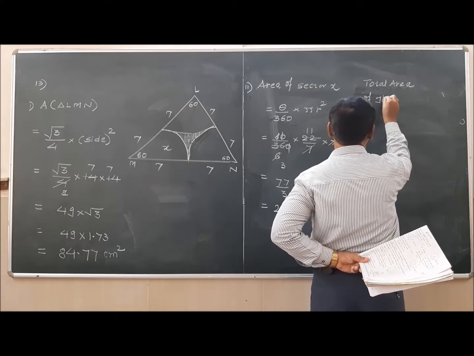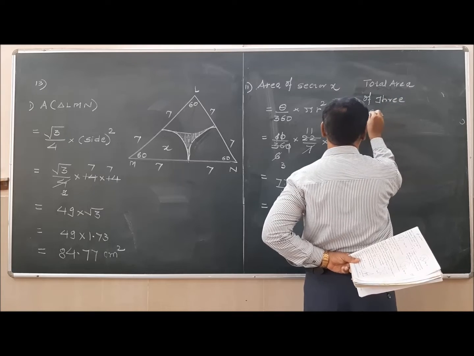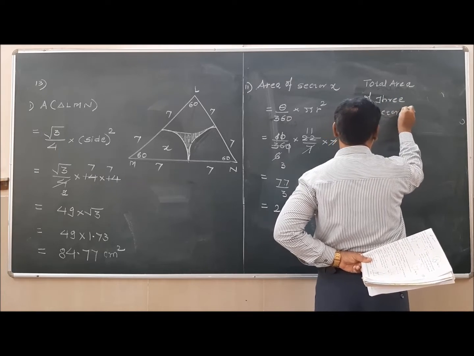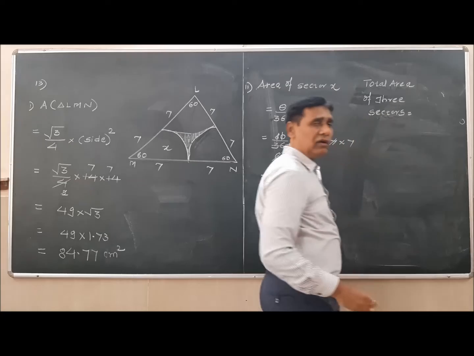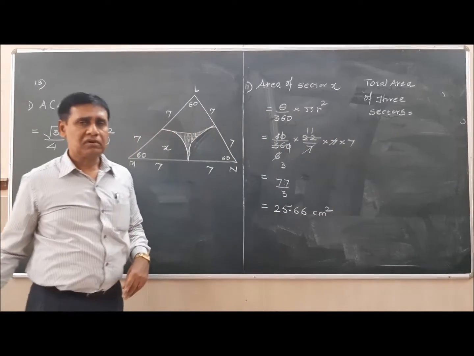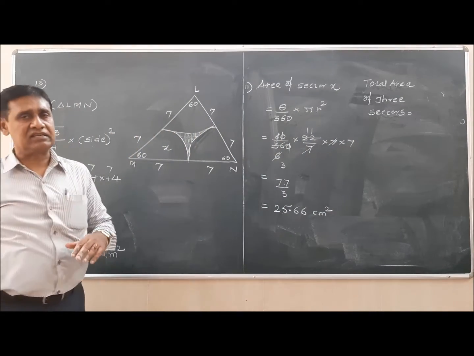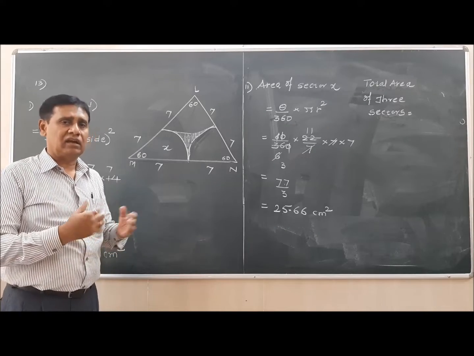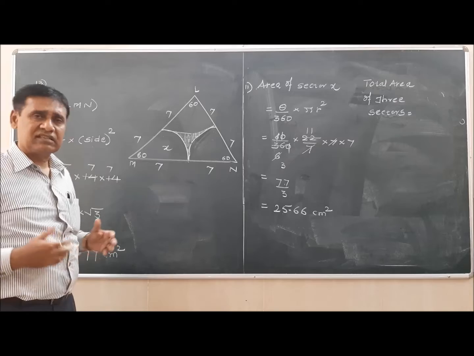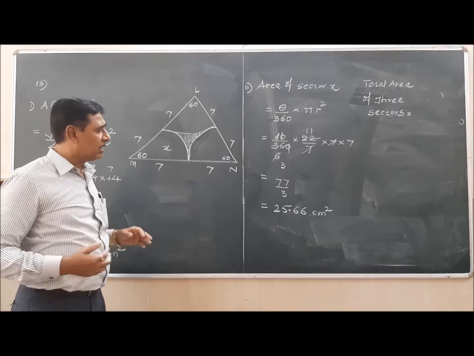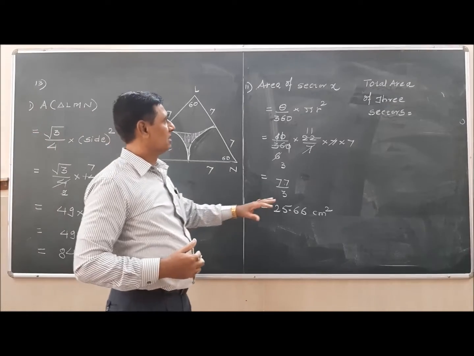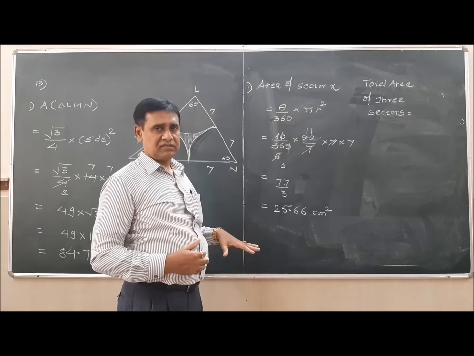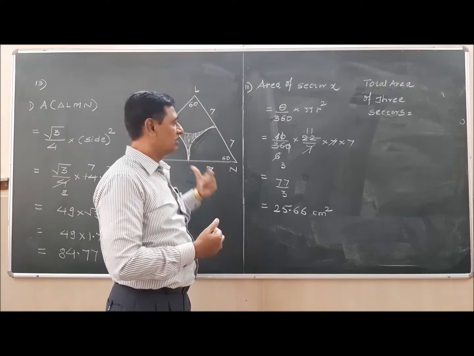At the beginning I explained that these three sectors are identical, reason being that the central angle is the same, 60°, and the radii of all these three sectors are 7 each. So whatever area I obtained for sector X is the same for all these three.